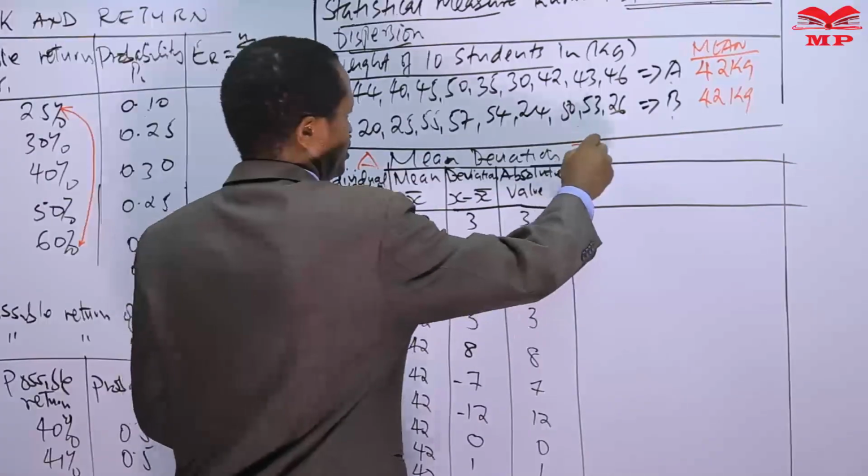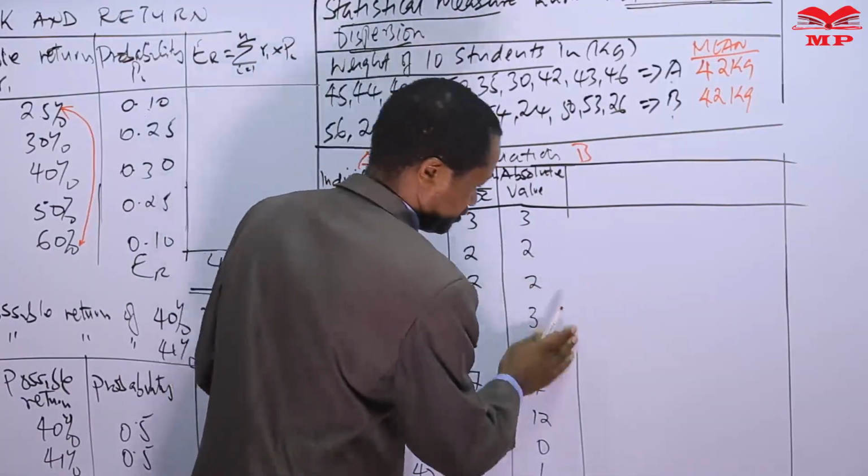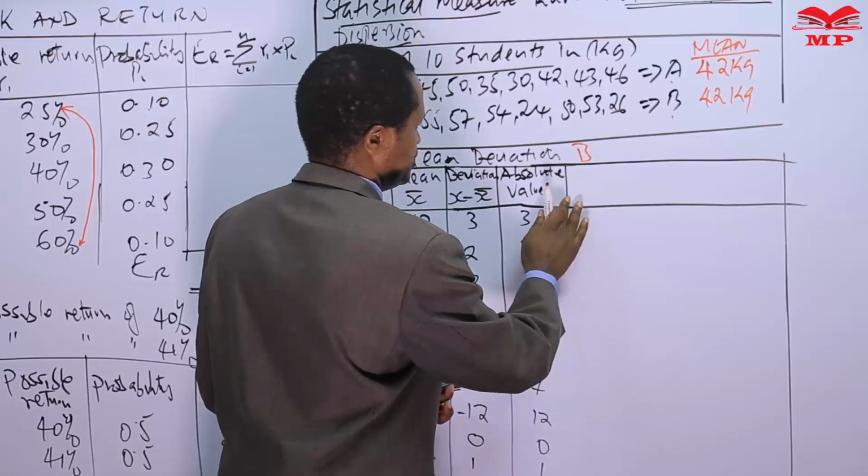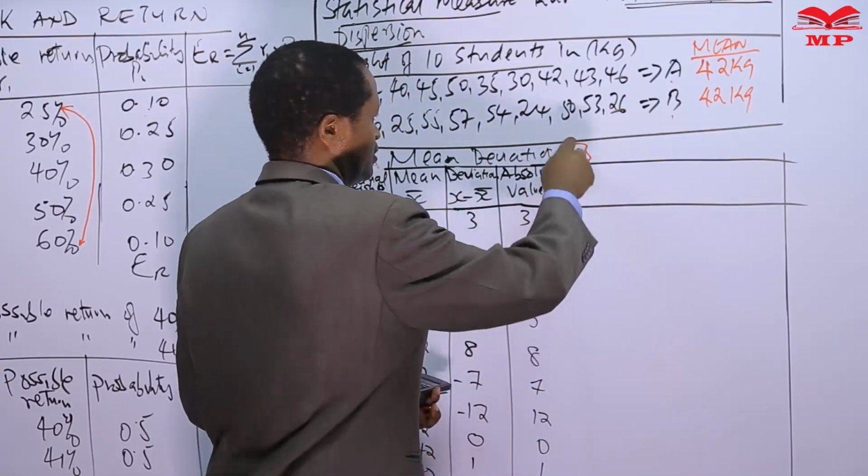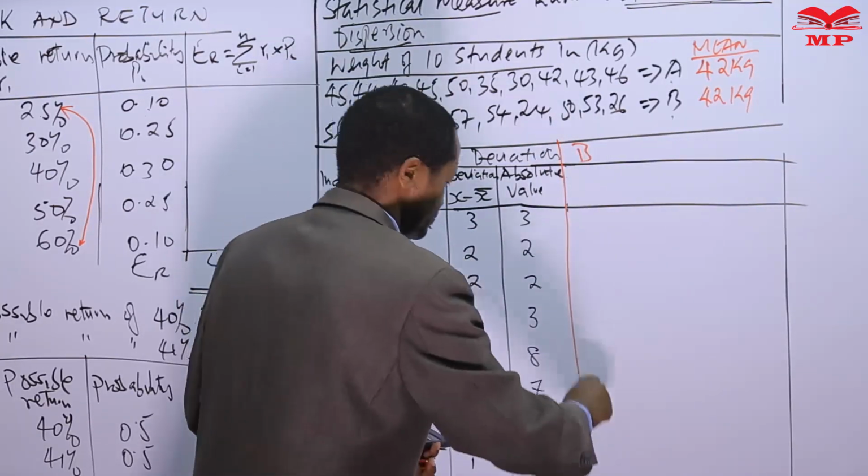Moving on to class B, we can have a demarcation there.